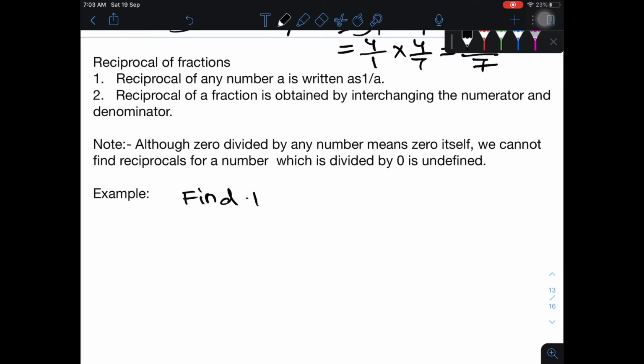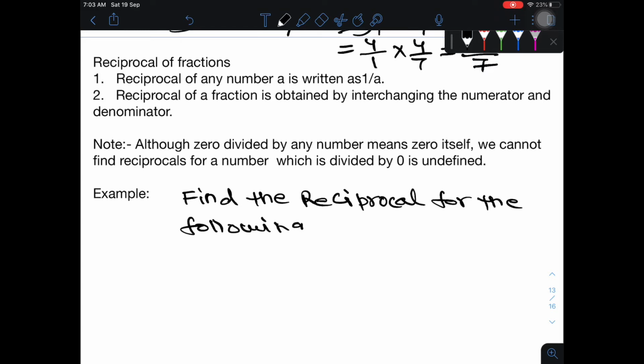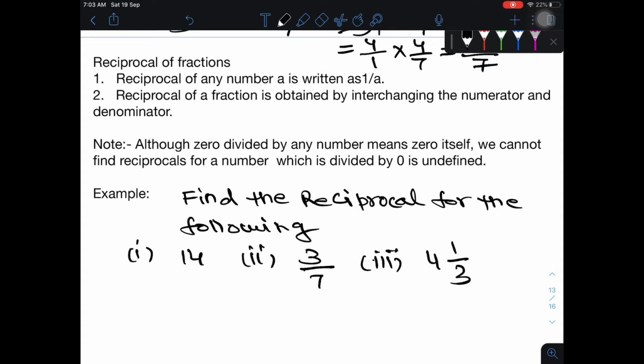Find the reciprocal for the following. I am taking 3 examples. First I have taken 14, second I have taken 3 by 7, third I have taken 4 1 by 3.